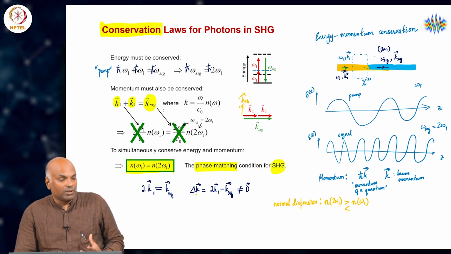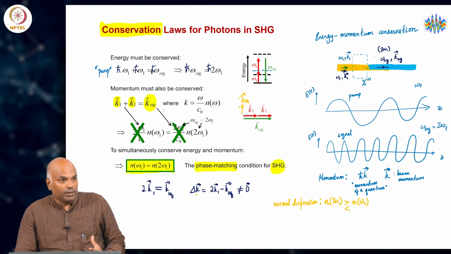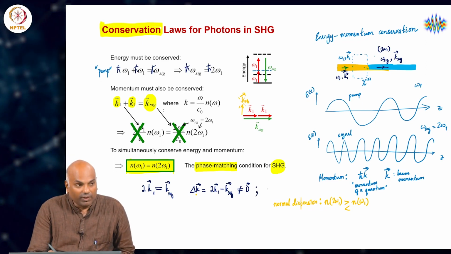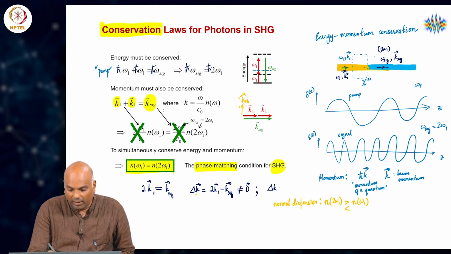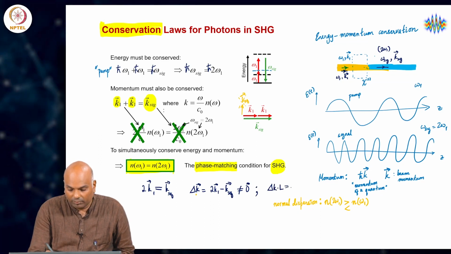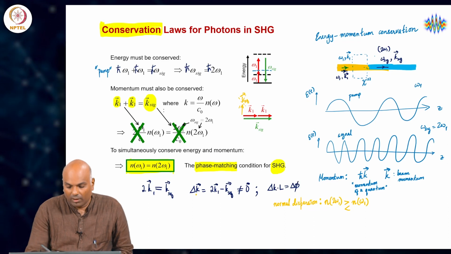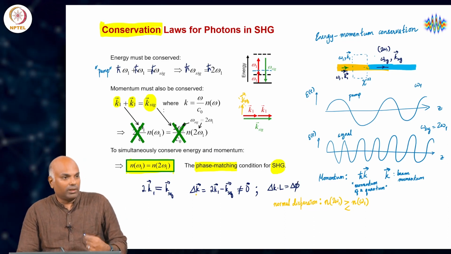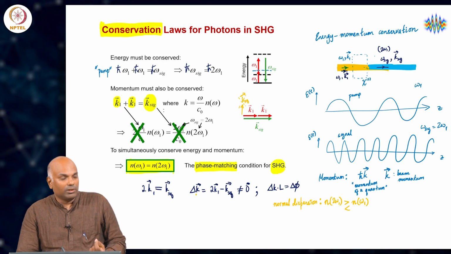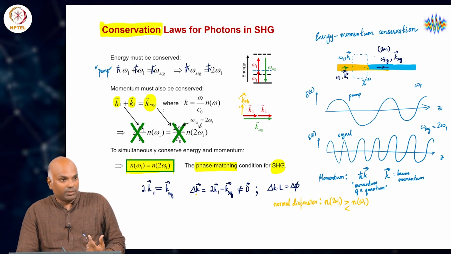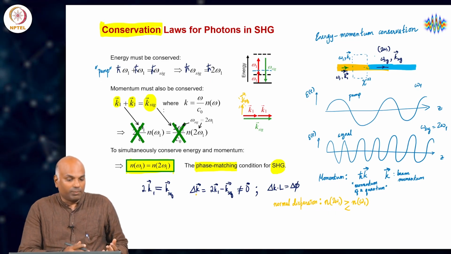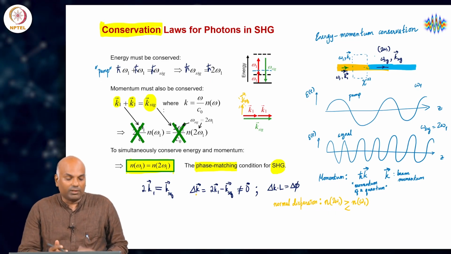After all, this is phase. So, what matters is if the wave propagates a length L in the medium, delta k times L, the propagation length, leads to a certain phase mismatch between the two parties, the cause, the pump, and the effect, the signal.